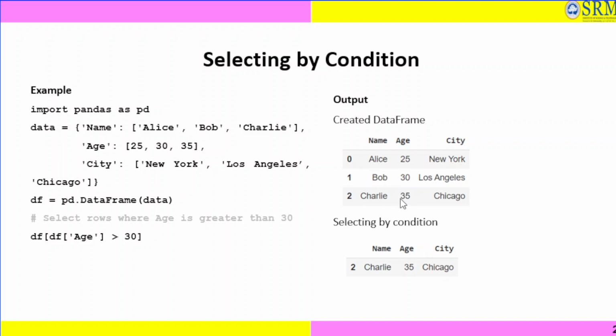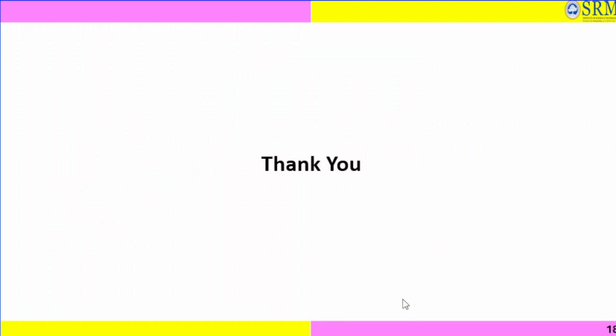It is going to check the entire data frame, and wherever age is greater than 30, it is going to retrieve that data. So we use df of age, which selects the age column in the data frame, and then checks whether it is greater than 30, giving true or false for each row. Then you apply that to the data frame to retrieve the data. That's all about indexing.